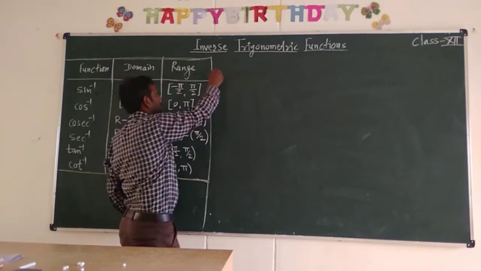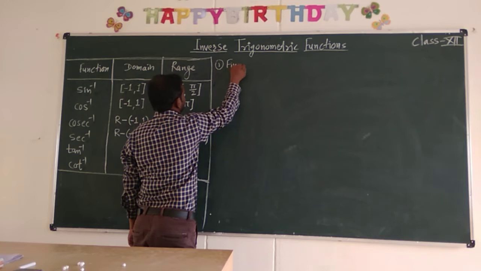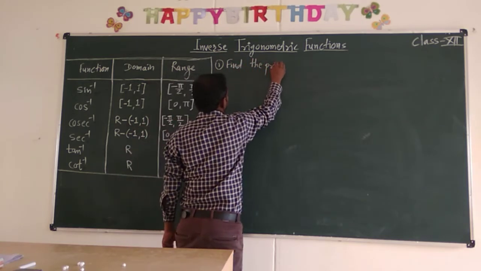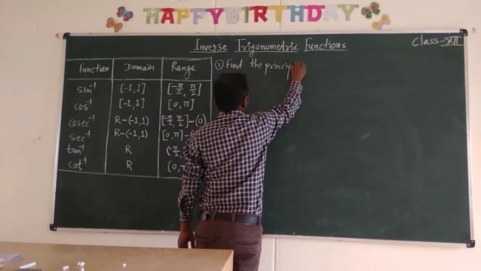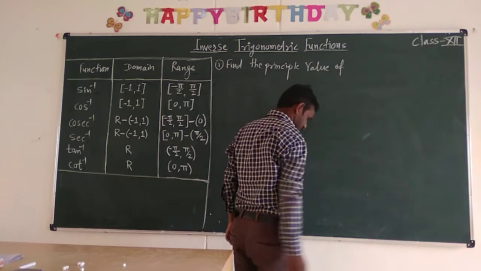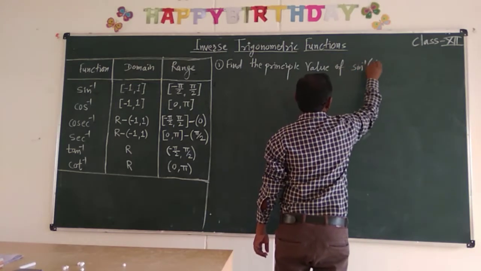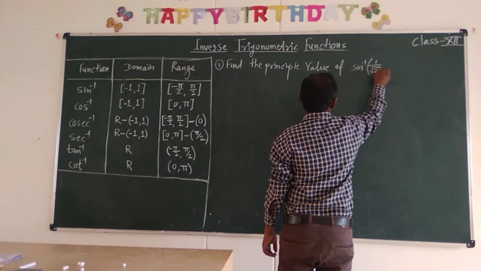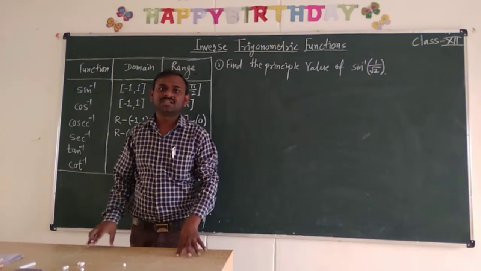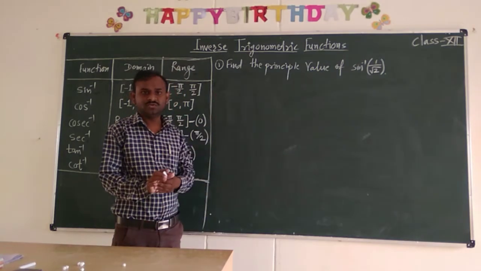Now we take the first example. Find the principal value of sin inverse 1 by root 2. This type of example is asked in the board exam for 1 or 2 marks.